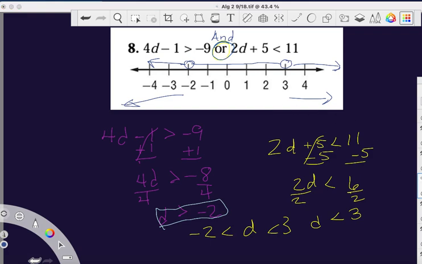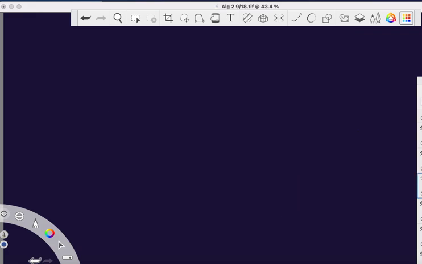I don't like this problem because it's subjective. So would this ever be on a test? If I mistakenly put this on a test, you would still get credit. Sure, but you would never change it to an and, because then it would be incorrect, wouldn't it? Or it would change it to a different equation. It would be different.